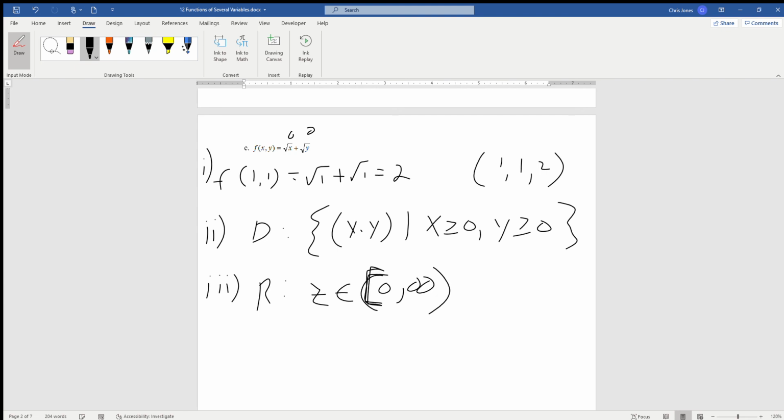Sorry, marker slipped. And then, just like the previous two, I'm going to graph this. Just give me one moment while I graph this, and maybe think about what it might look like beforehand.